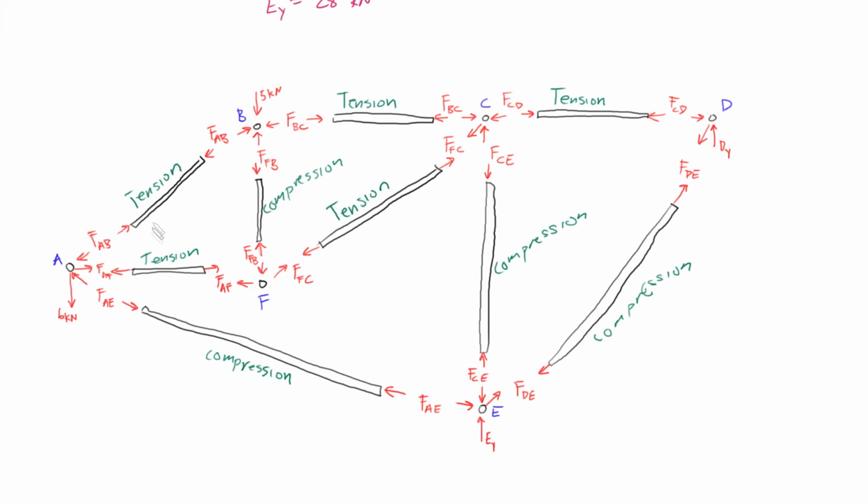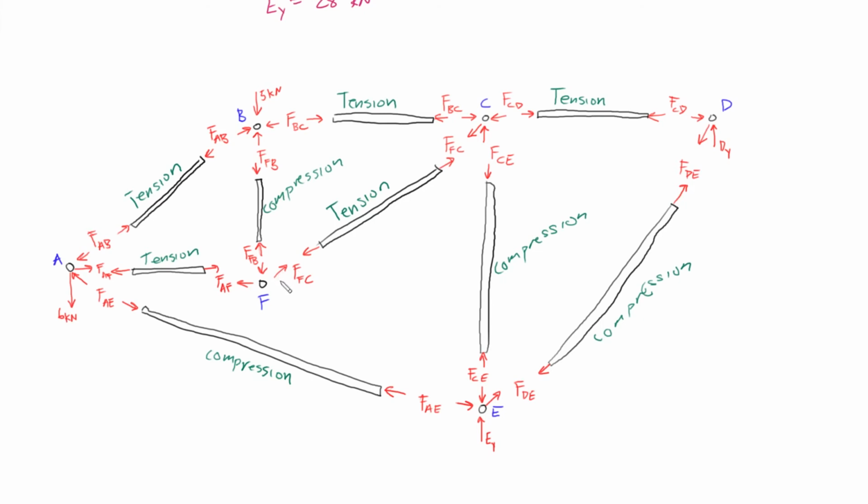I like to draw the whole thing because sometimes it's confusing when determining whether the member is in tension or compression. Because let's take, for example, this reaction force FFC. If you were just looking at the joint, you might assume that the member FC is actually in tension or in compression because you drew the force in that direction.